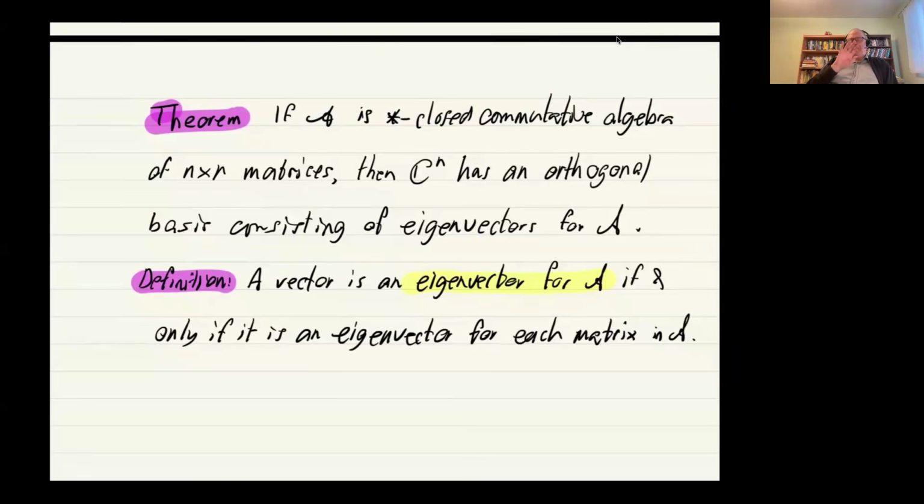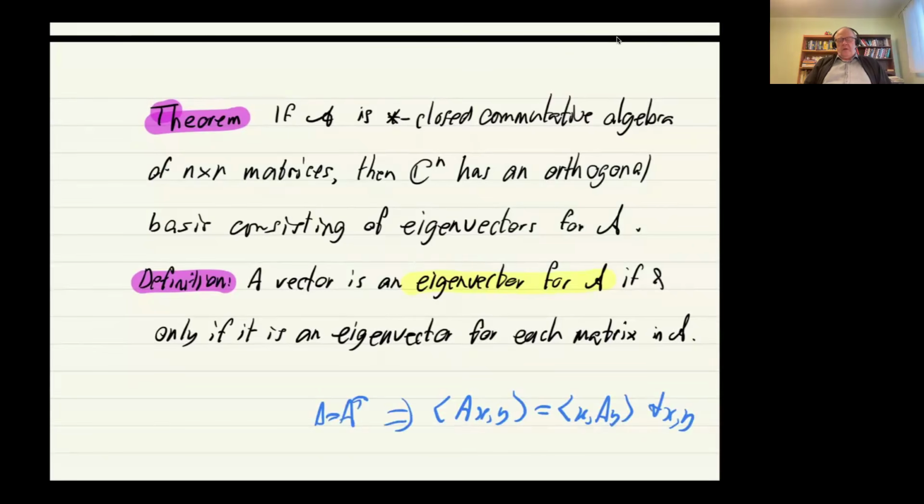But the key thing for a symmetric matrix is that ⟨Ax, y⟩ = ⟨x, Ay⟩ for all x and y. So this is the reason why being symmetric matters.